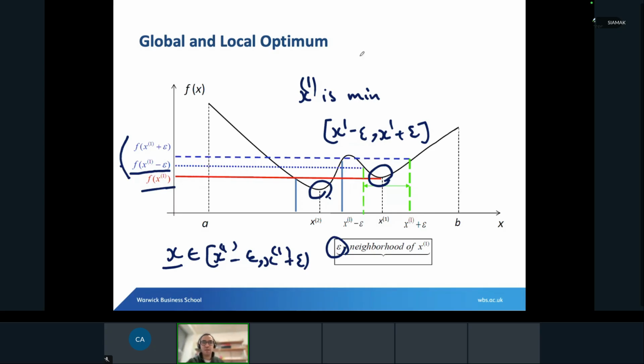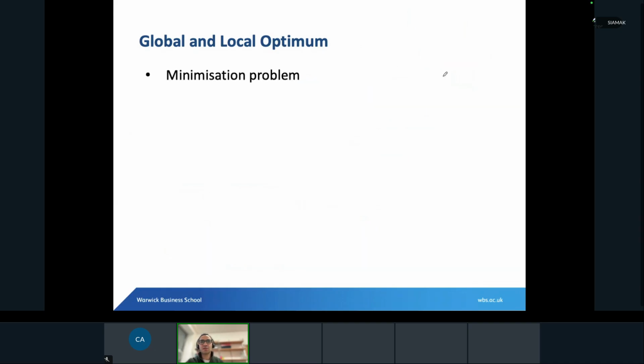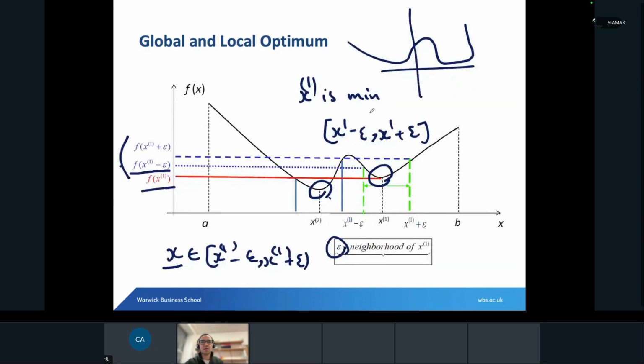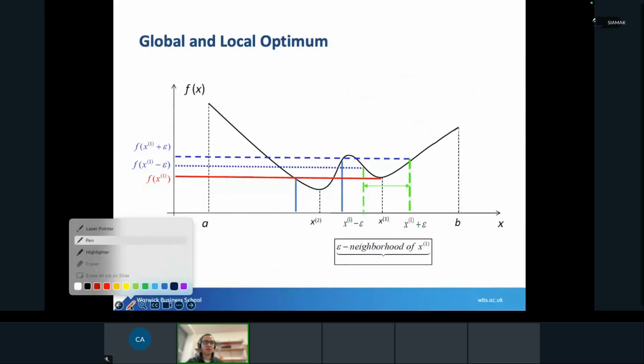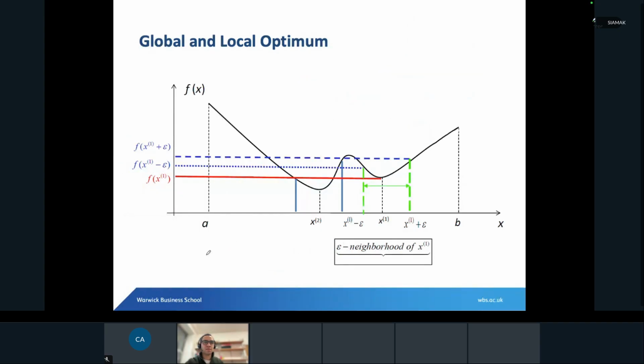So you may have a function like this, for instance. I wanted this to be a bit lower, so let me erase this and get back to it. So the function that you have is like this. Okay, accepted.